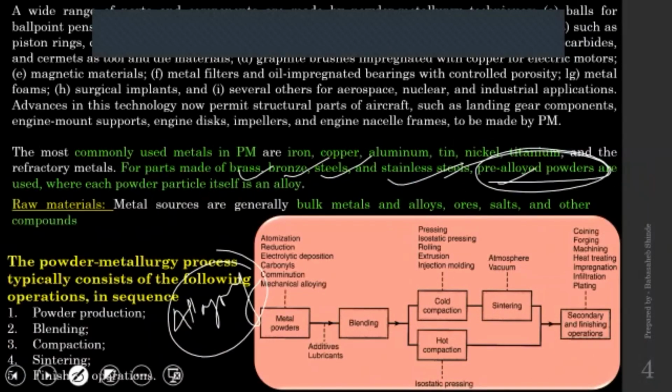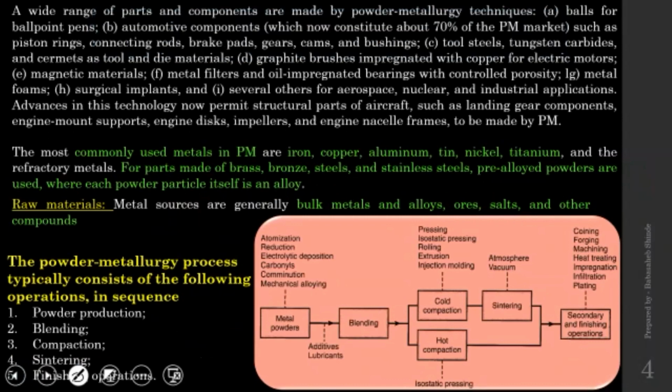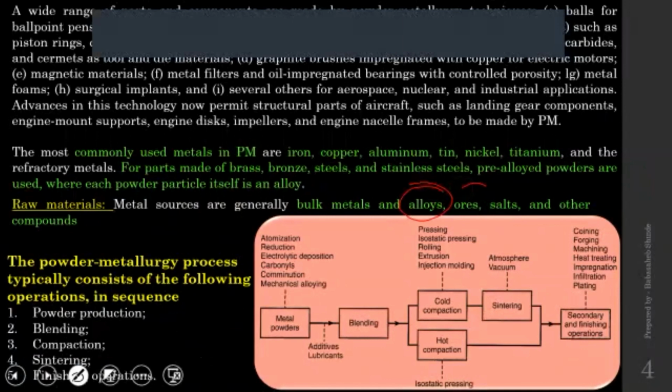Now, raw materials used. When you want to produce metal powders, what are the raw materials available? As I mentioned earlier, the metals available in nature are not going to be in pure form. They are usually mixed with other materials, and you will get them in the form of alloys, salts, or compounds where more than one material is mixed together.